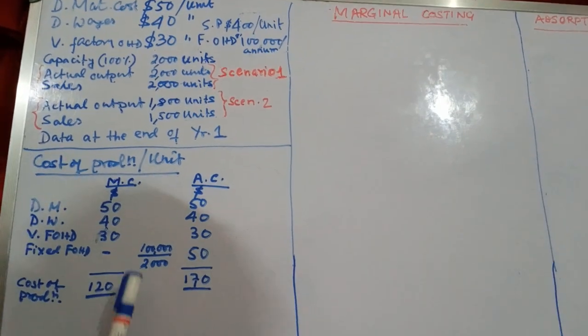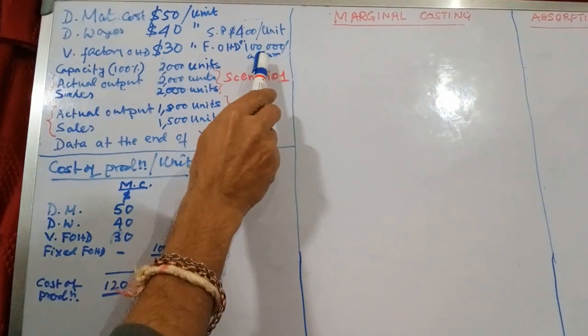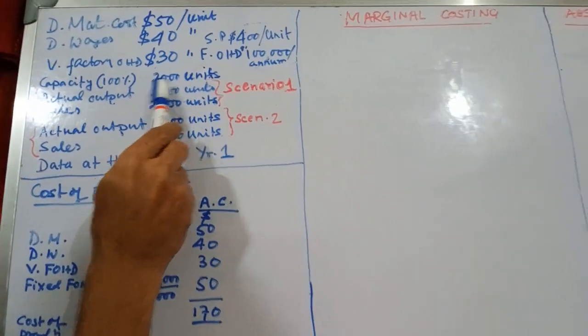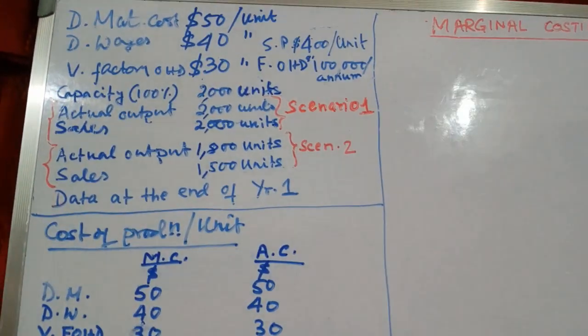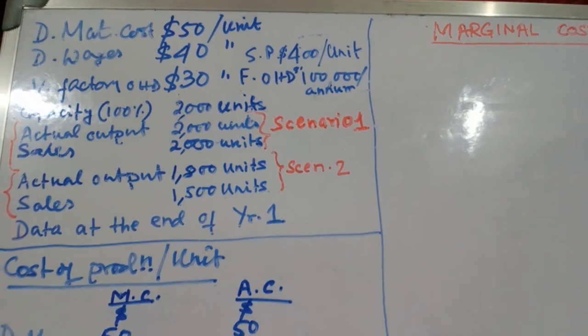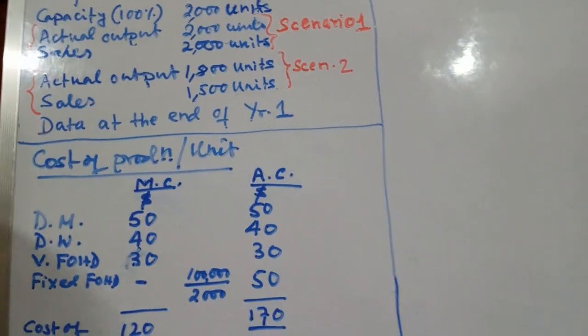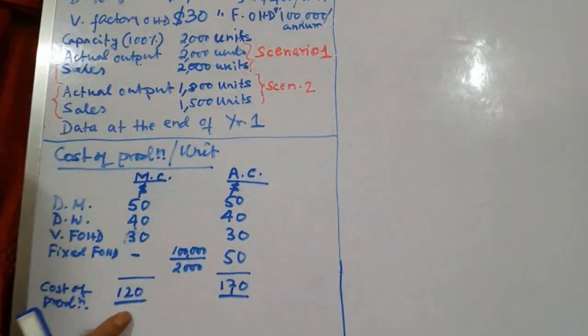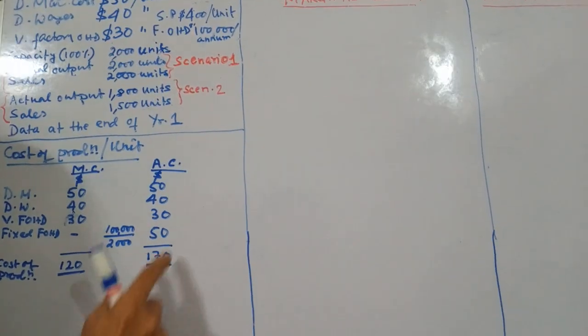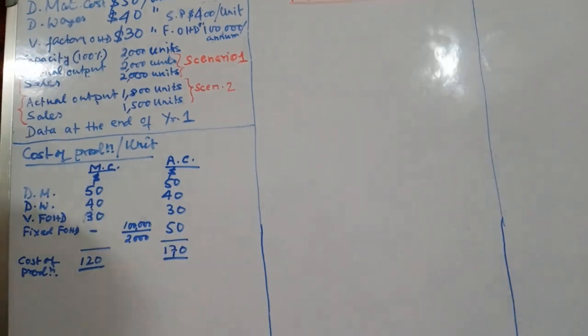And what is that? That is fixed overhead, 100,000 divided by the capacity. This is the fixed overhead per unit. So cost of production per unit is $120 under marginal costing and $170 under absorption costing.